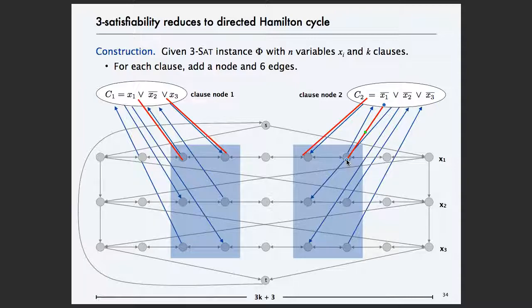Does that make sense? And vice versa, given values of x1, x2, and x3, I can give you a Hamiltonian cycle. So I can tell you how you enter. Does that make sense?